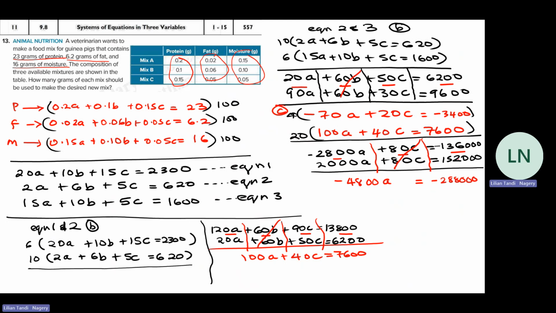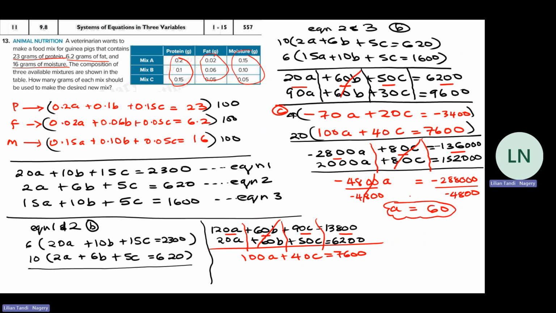Okay? 6 plus 2 is 8. All right. Divide both sides by negative 4800. This goes away. a gives me 60.